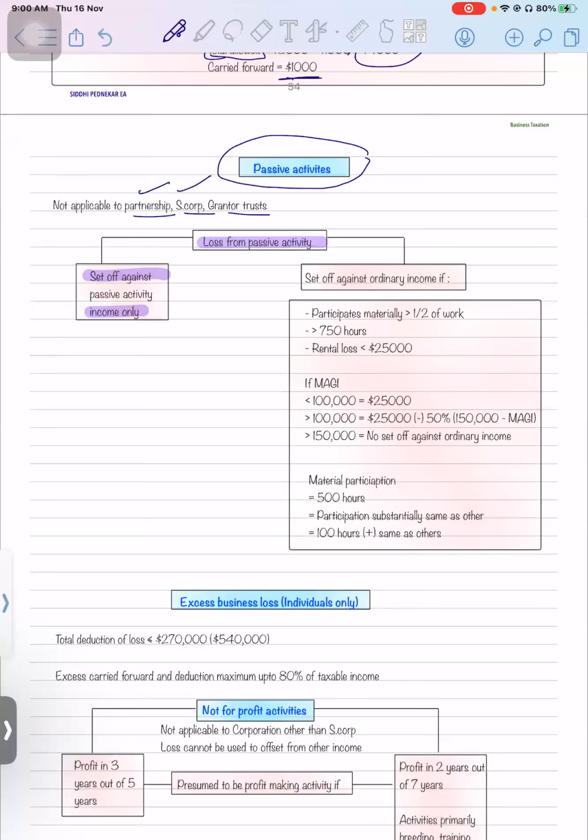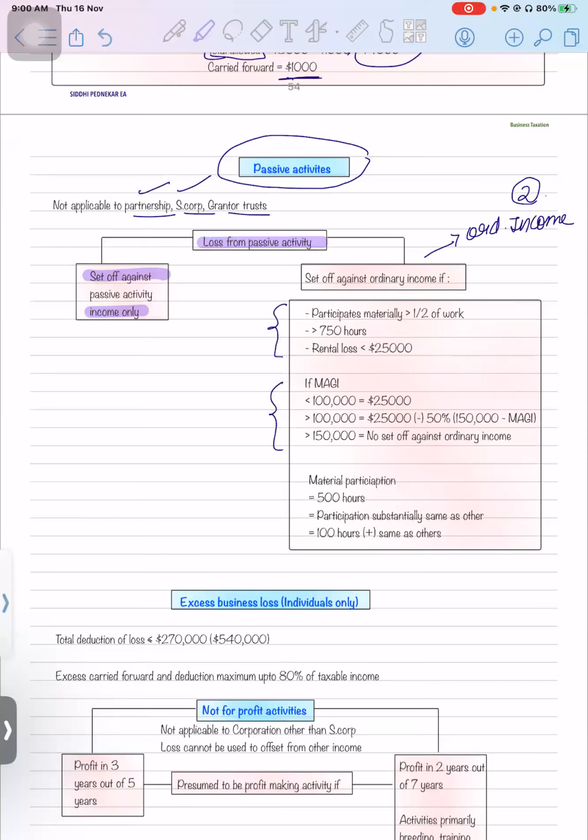But if you fulfill these three conditions and the phase out limits, then it will be allowed to offset against ordinary income. And you can fall under the second sequence. First will be basis and at-risk, and the second sequence will be your rental losses. Okay, I hope this much is clear.